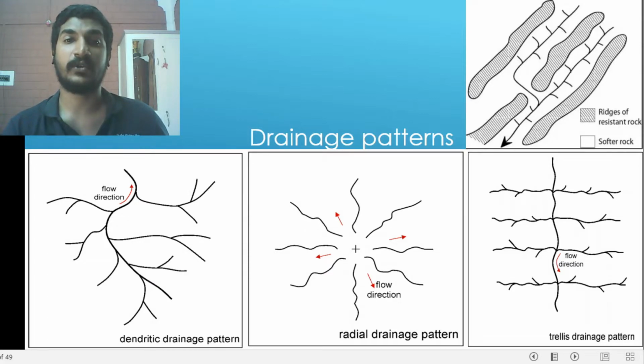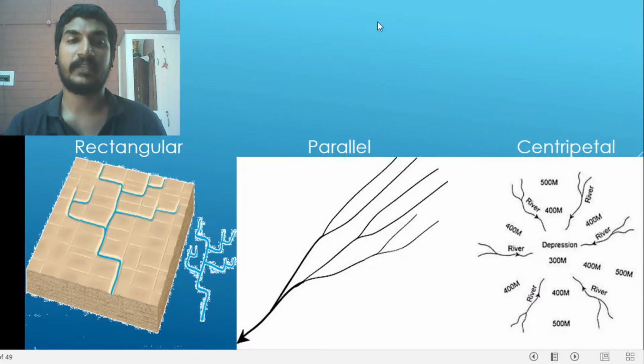This pattern also resembles the rectangular pattern. In fact, the trellis and rectangular patterns are differentiated on the basis of spacing between the streams. If the streams are closely spaced, the resultant pattern becomes trellised, while the rectangular pattern is formed when the streams are widely spaced.